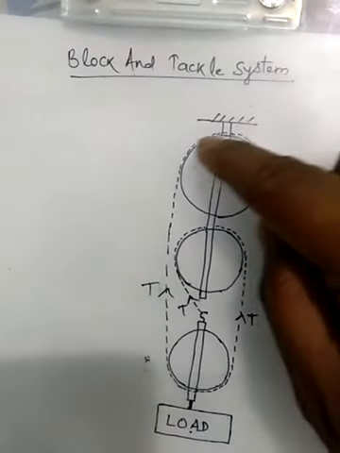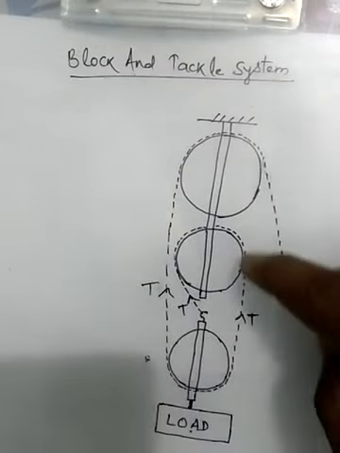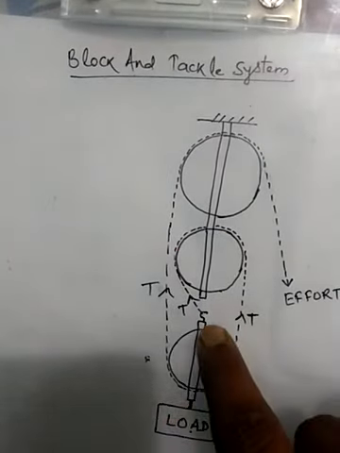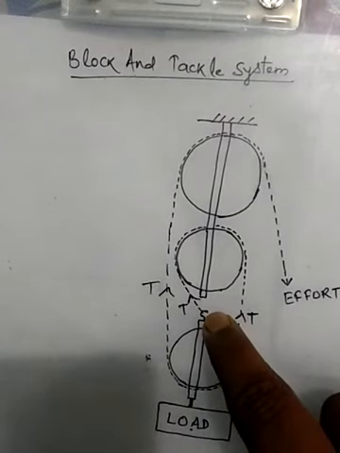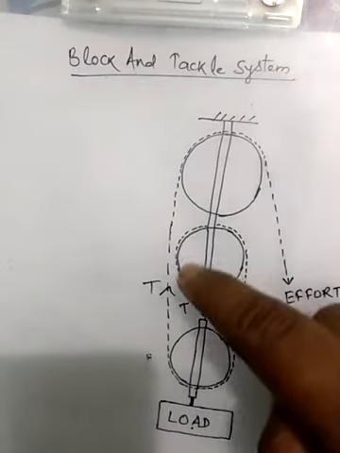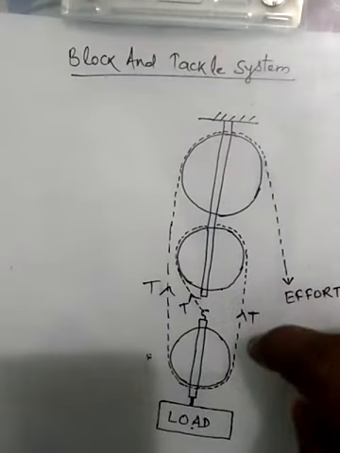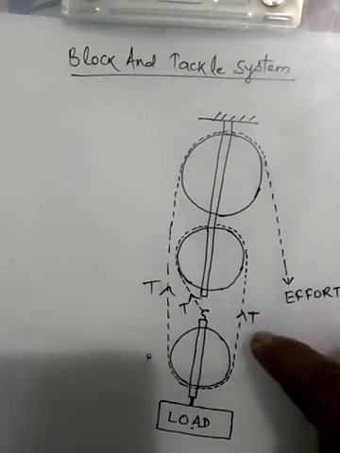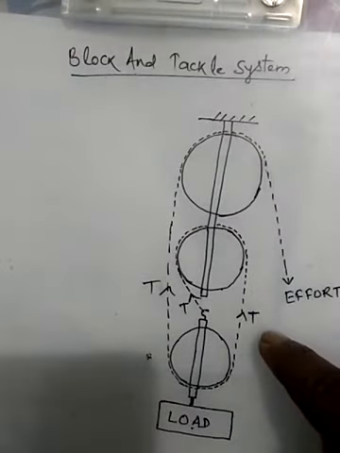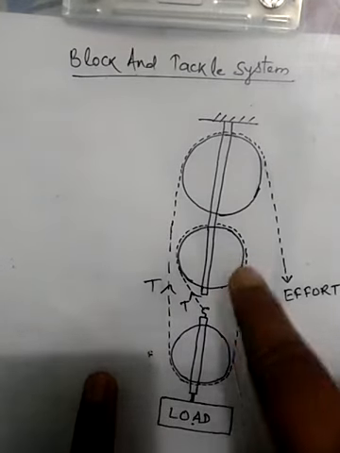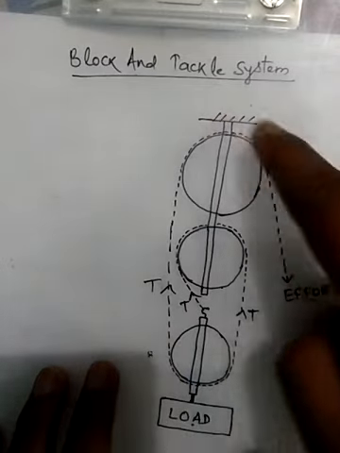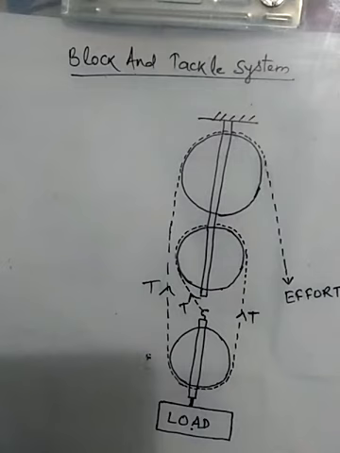Here the string moves from here, then passes over and is attached to the movable pulley with the hook. Here the string which is passed over all of the pulleys is one, therefore in the whole length of the string there is a tension developed, which is represented here as capital T, which is the same throughout the length of the string.